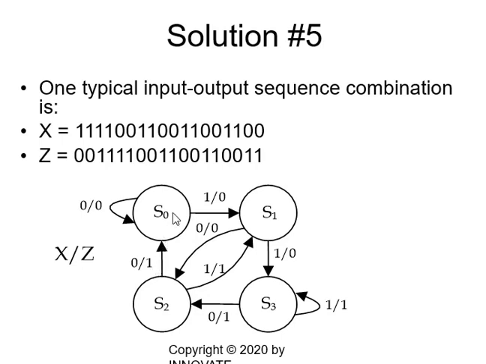If we look at the pattern, for instance, 1, 1, then if I have another 1, I receive a 1. So I have to stay in S3 because S3 will remember 1, 1. So the output will be 1 because after 2 ones, the output will be 1.